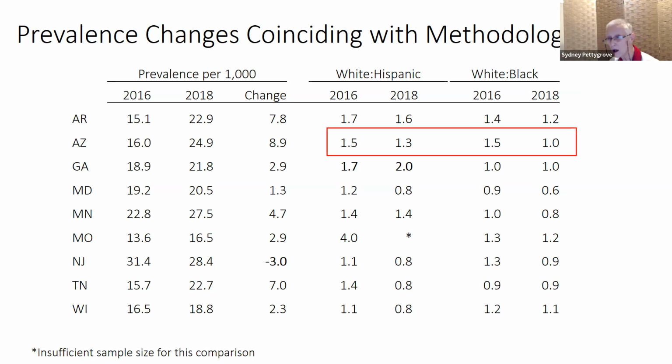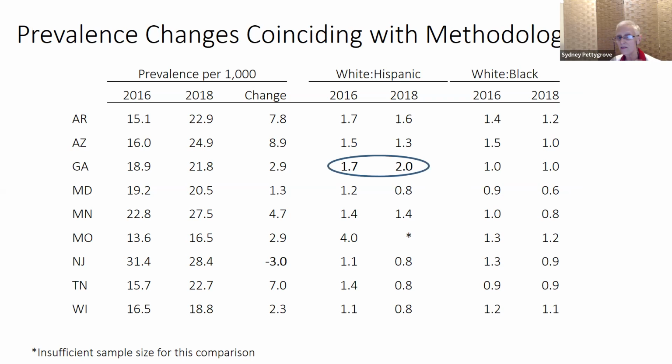I don't usually talk too much about Arizona specific numbers for the white versus the Black communities because, you know, the numbers are actually a little small. I think that's probably what happened in Georgia. This is the only one of these ratios that increased from 2016 to 18, and that was in the Georgia white to Hispanic ratio.